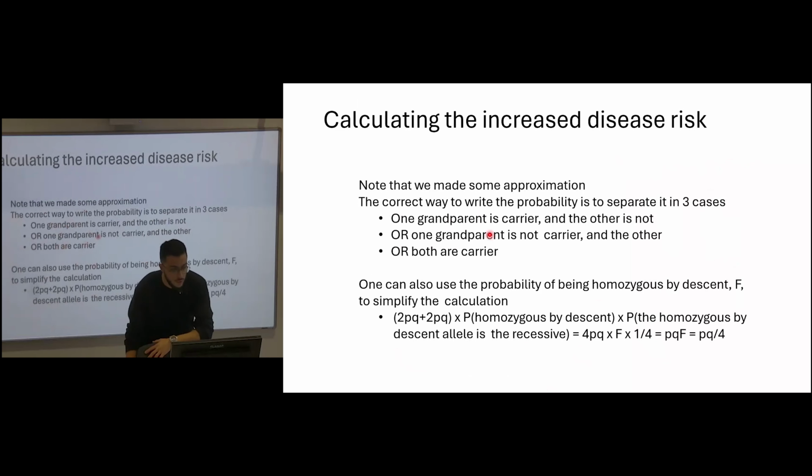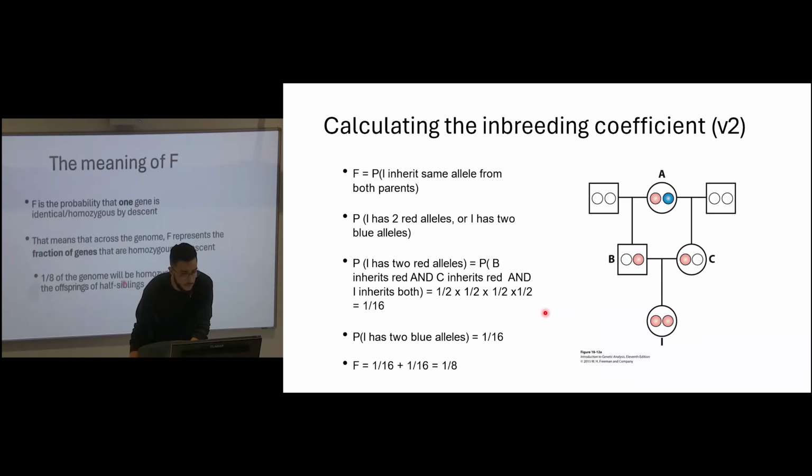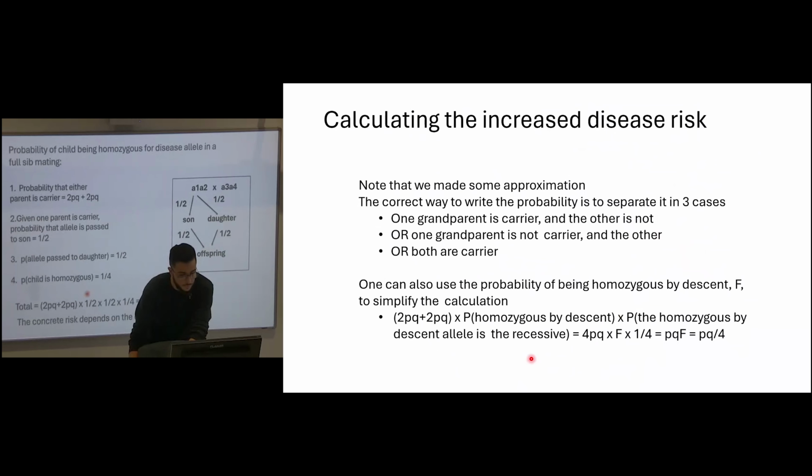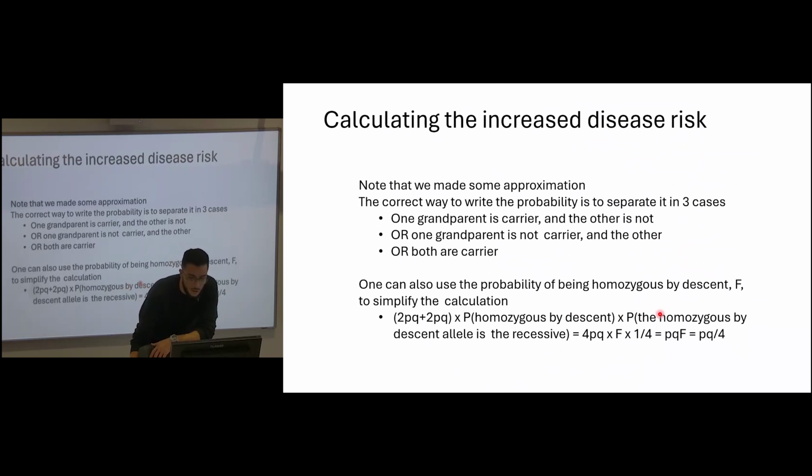In reality, you take all the scenarios that are possible. You can also use a different way to calculate this by using the F factor, the inbreeding coefficient. It's the same way as doing 2pq plus 2pq times the probability of homozygous by descent, which we learned earlier, times the probability that the homozygous by descent is the recessive one, so that's 1/4.